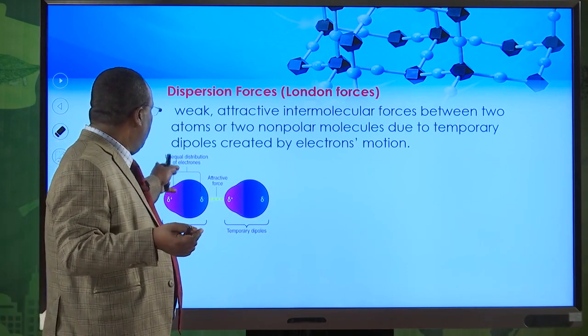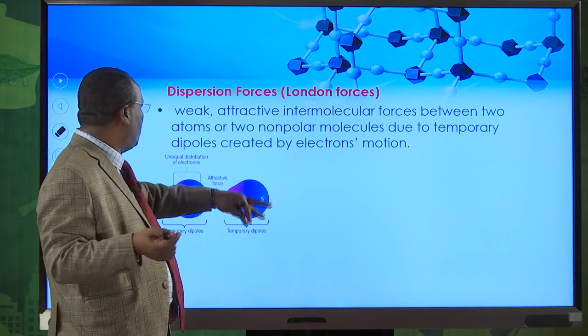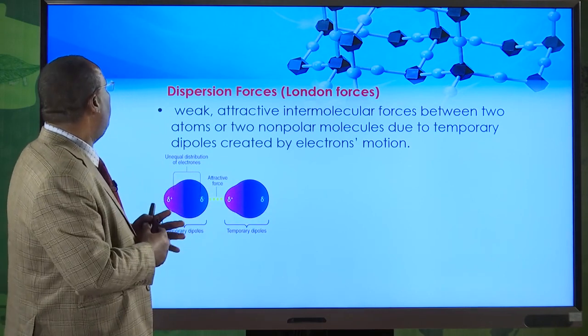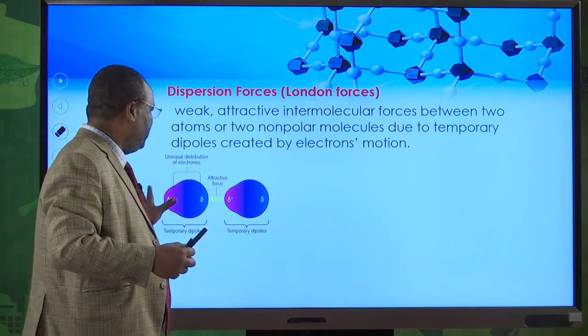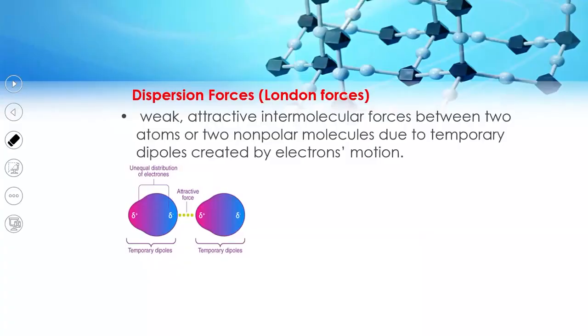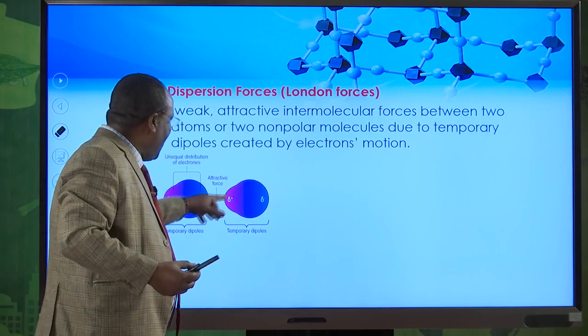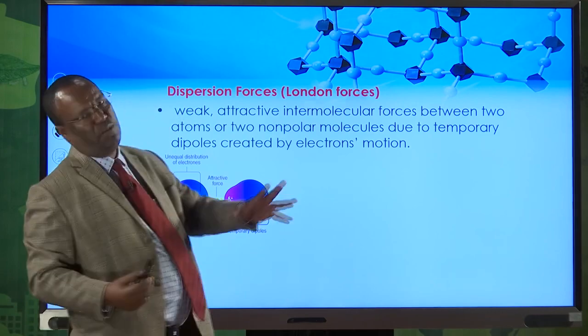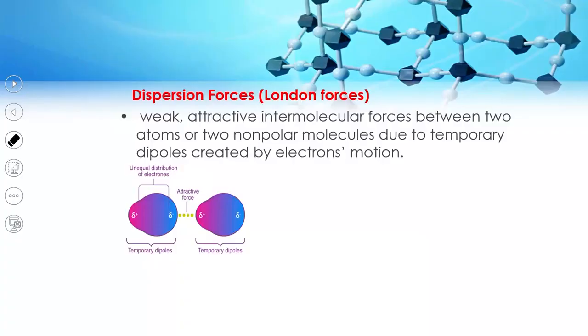There is an equal distribution of electrons in the molecule. Temporary dipoles are created by electron motion, due to the movement of electrons from one side to another. So the attractive force will happen between the two molecules because of the temporary dipoles. These kinds of dispersion force are called London force.